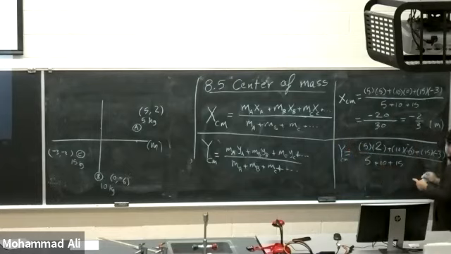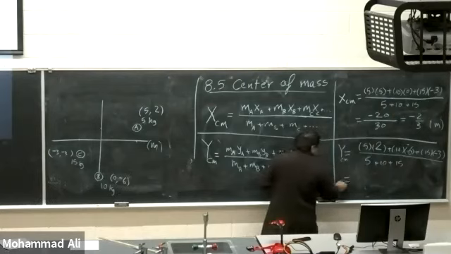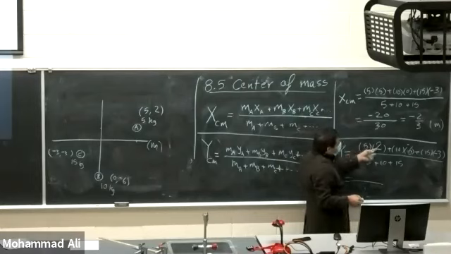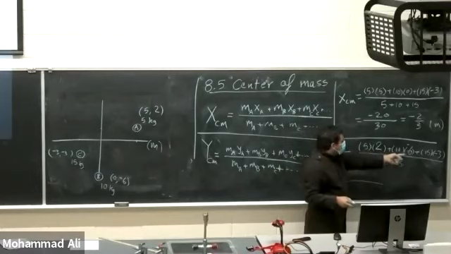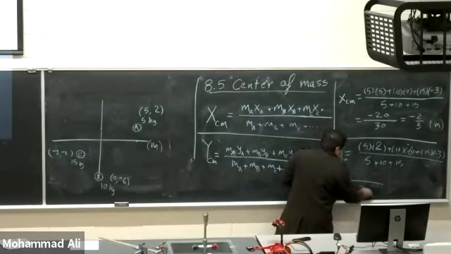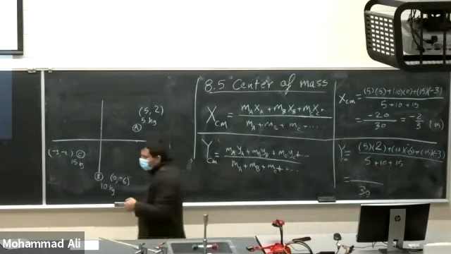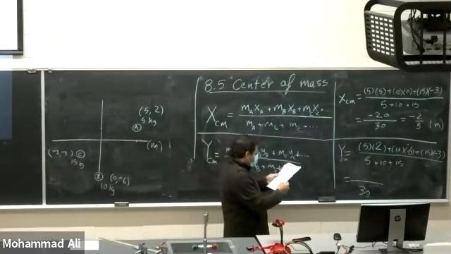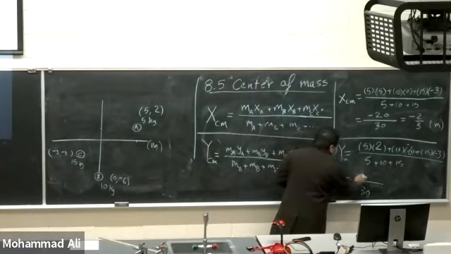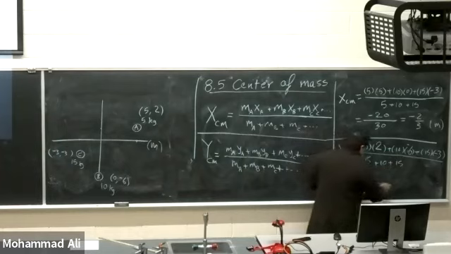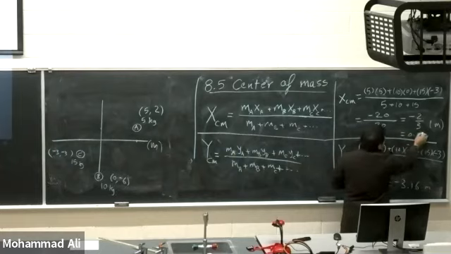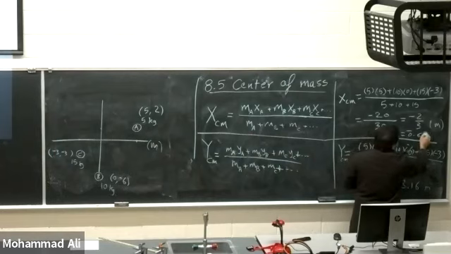And negative 3. This will be equal to 10, negative 60, negative 45 over 30. How much is it? Negative 95 over 30. This will be equal to negative 3.16 meters. By the way, x is negative 0.67 meters.